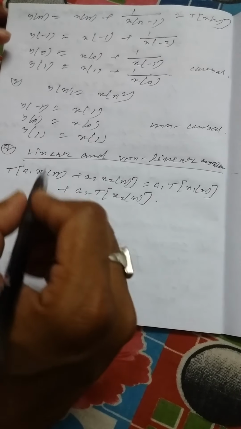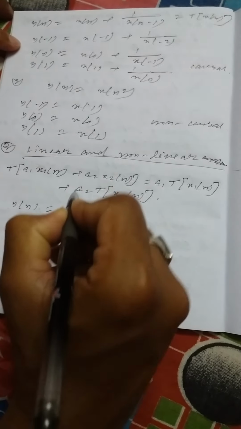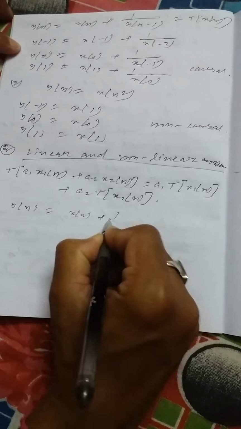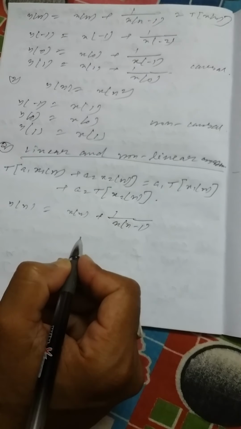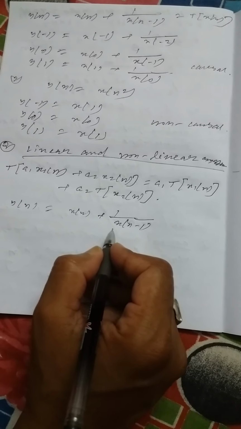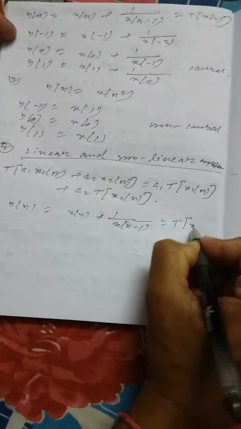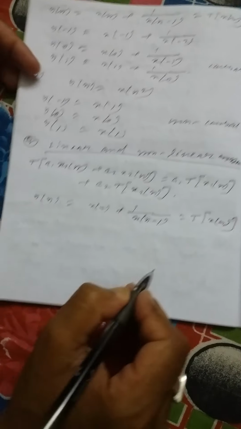Let us take an example. Suppose given that y[n] equals x[n] plus 1 by x[n minus 1]. We have to check whether this system is linear or non-linear. At first we write that this is equal to transformation of x[n], right?